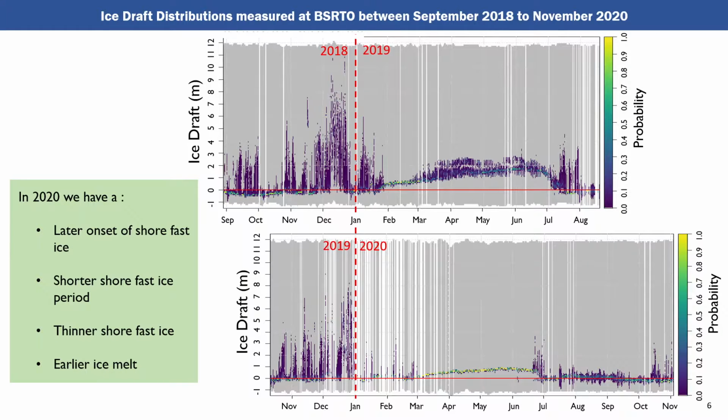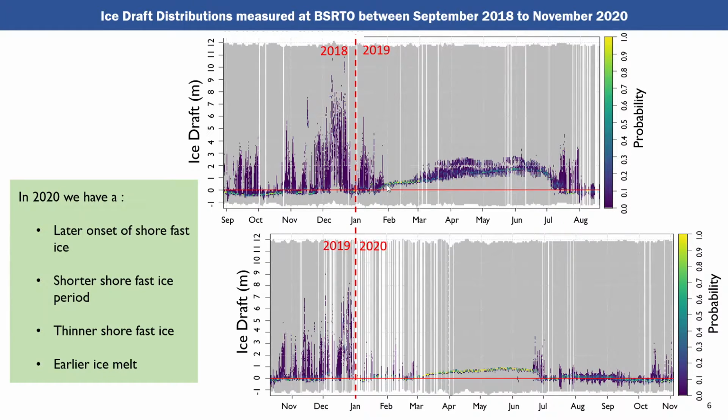Starting off with the ice draft measurements, here we have plots of the ice draft distribution sent in real time from 2018 to 2020, starting in September of 2018, and we start to see here how the ice conditions change over the year. So we have open water in September and October, with some larger ice flows flowing over the sensor.